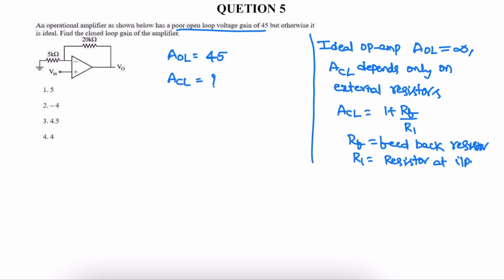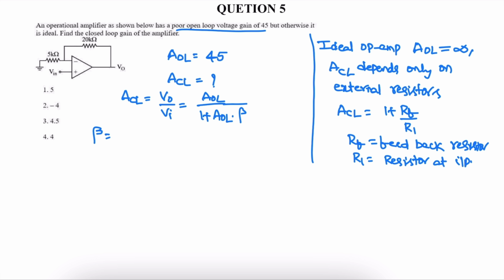But for a non-ideal operational amplifier, where open loop gain is a very low value, closed loop gain is given as ACL equal to output voltage by input voltage, that is open loop gain AOL by 1 plus open loop gain into beta. Beta is the feedback factor, feedback ratio.